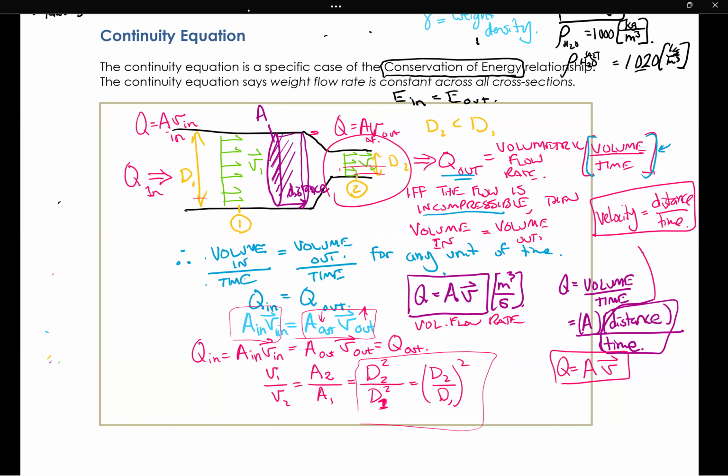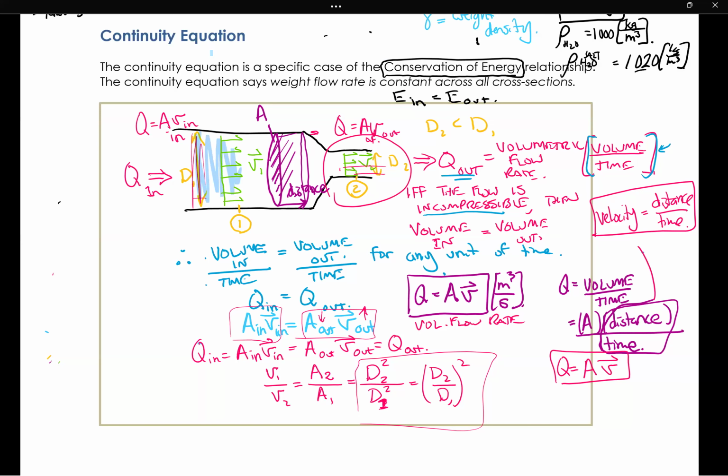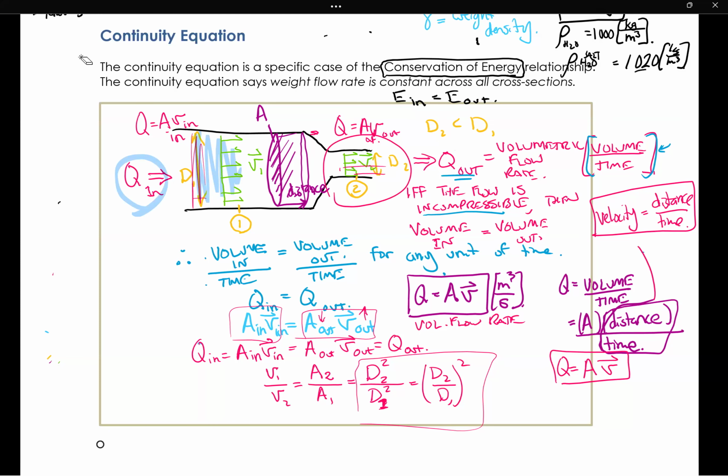But what happened with your tap is that it had to fit all of this volume through this little space. But the flow rate in had to be the same as the flow rate out. So it did not get stronger. It did not get more pressure. It did not get a higher flow rate out. It felt like it did, but it did not. Conservation of energy says the flow rate stays the same.